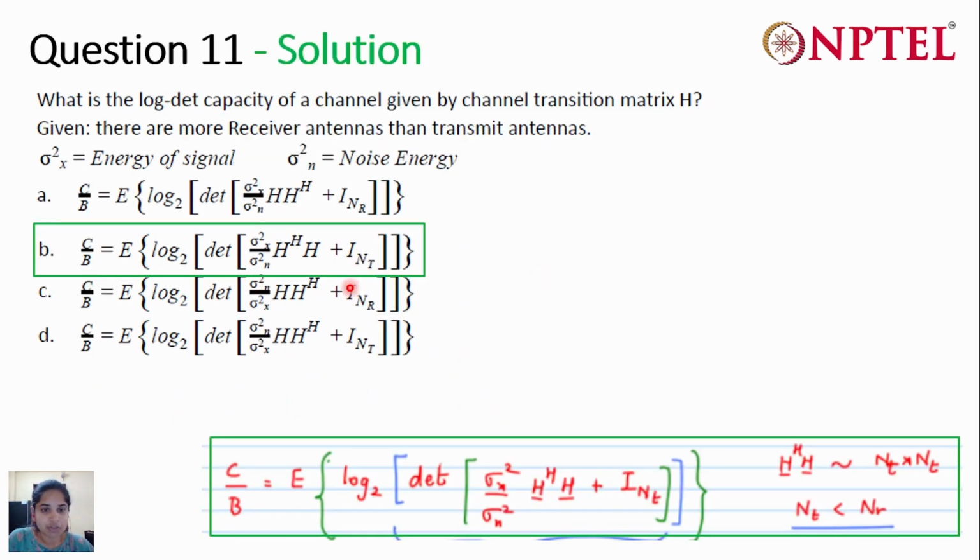So the dimension is going to be nt, that's the main change, and you will get H Hermitian H. So the answer is option B.